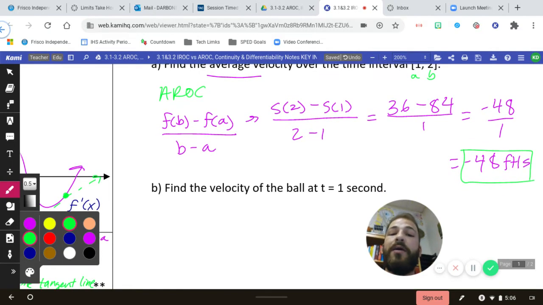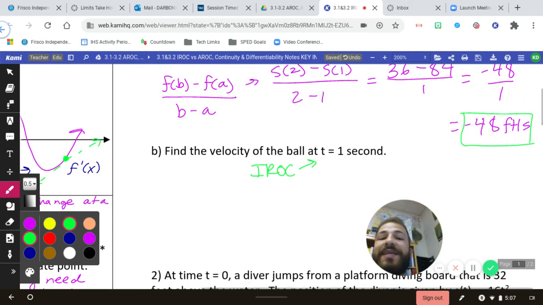Okay, so B, we want to find the velocity of the ball at t equals 1 second. Okay, so at 1 second, that means IROC, velocity at a point. Okay, so if I'm finding velocity at a specific point, then now I'm finding my derivative. So I want to find s prime.